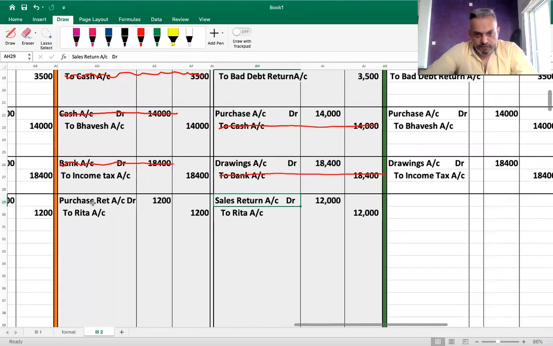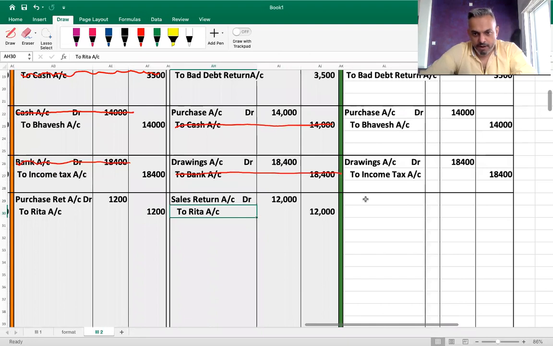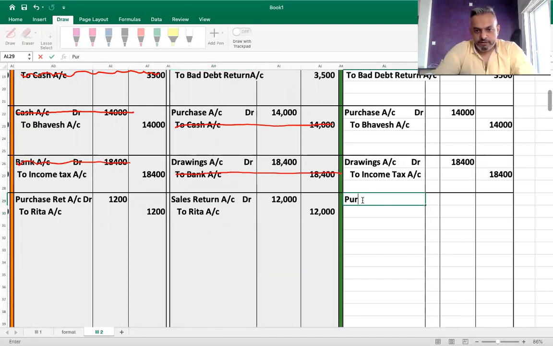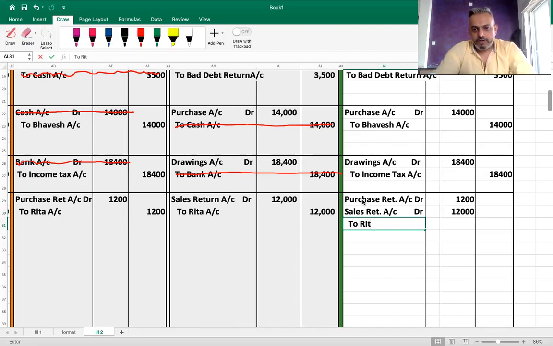Now we need to combine them. So we have purchase return debit, sales return debit, and Rita account credit. So let's go one by one. Purchase return account debit 1,200, sales return account debit 12,000 to Rita account.